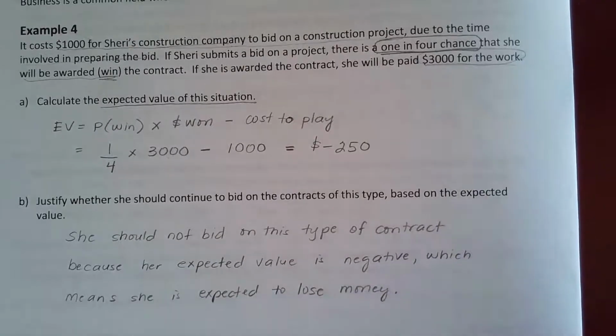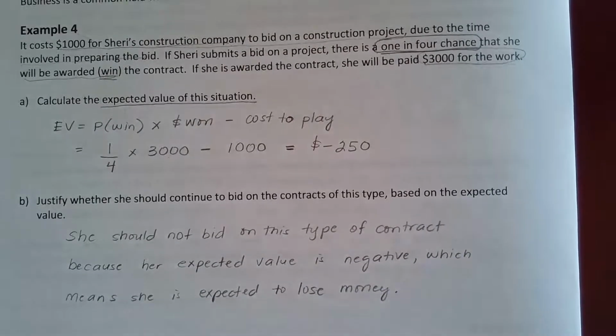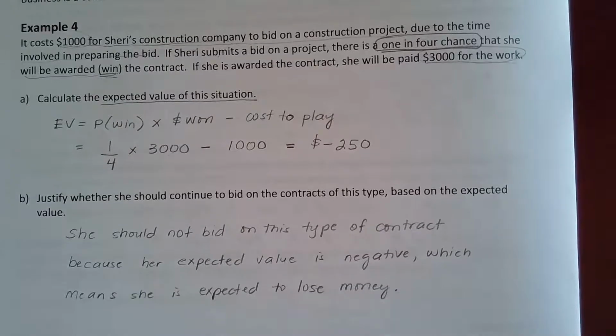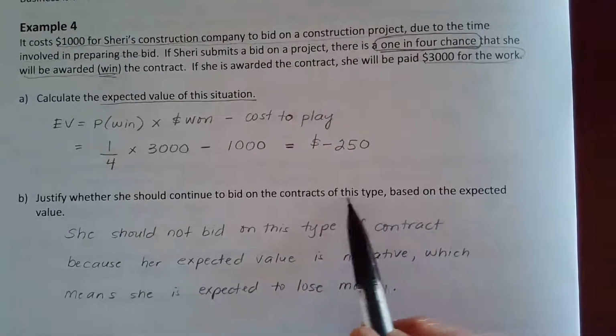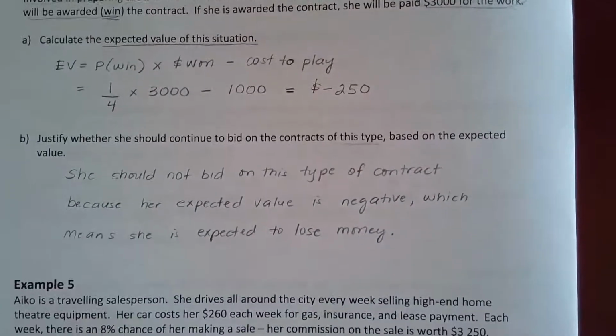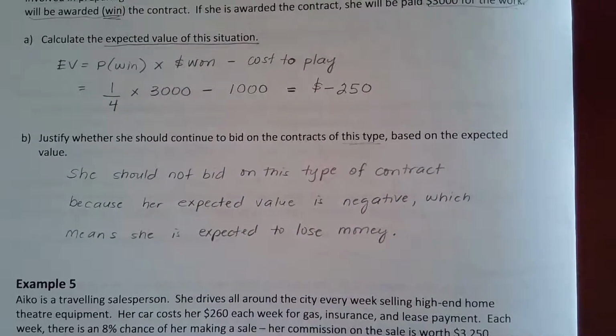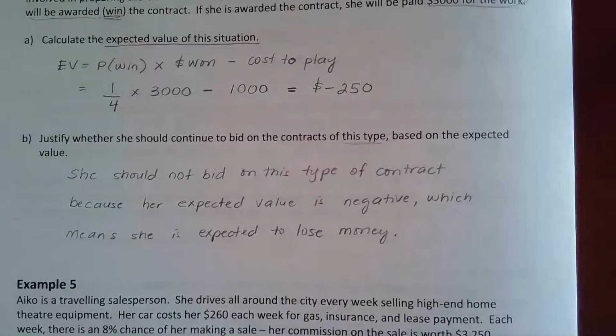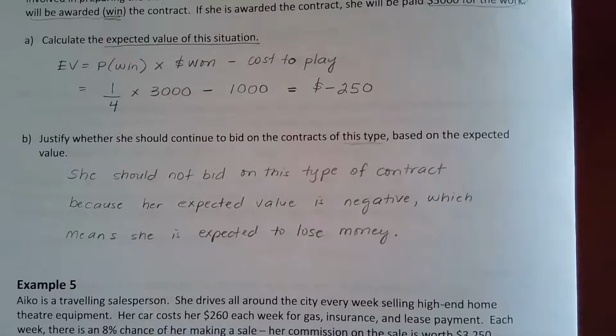So in this particular case, if she's looking at this type of contract, she shouldn't bid because she's expected to lose, because it's a negative expected value.